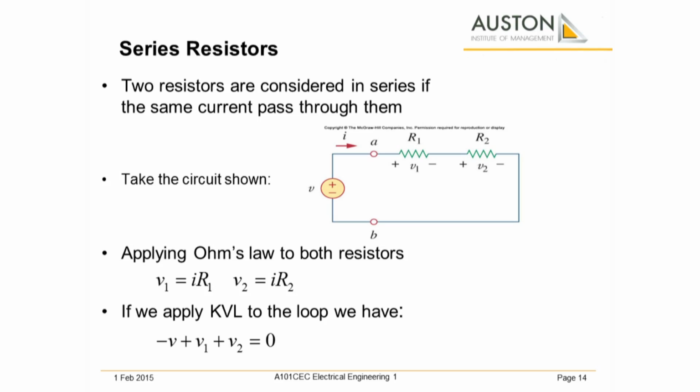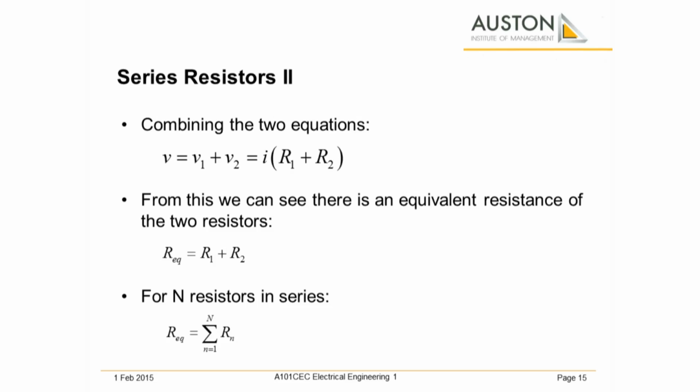If we are going to apply KVL to this circuit, then we can say that the magnitude of the voltage source V is equal to the sum of the voltages across resistors R1 and R2. Thus, V is equal to V1 plus V2.